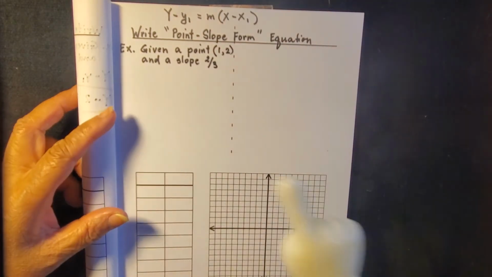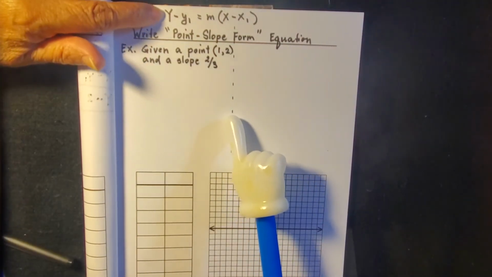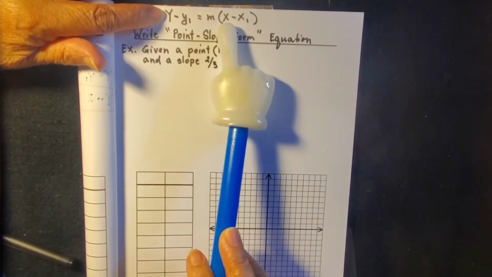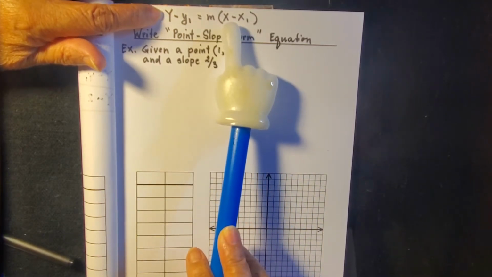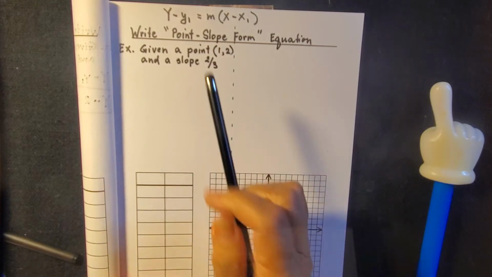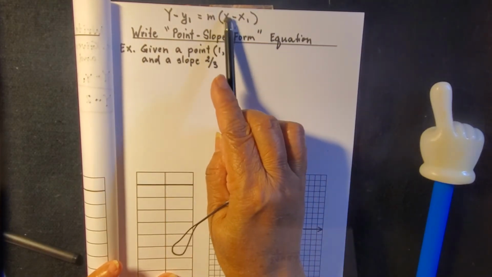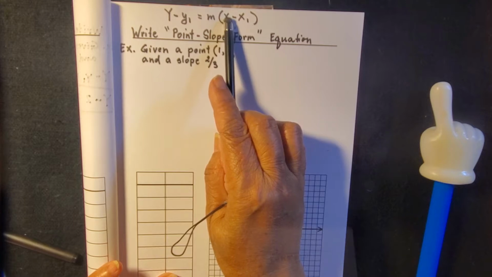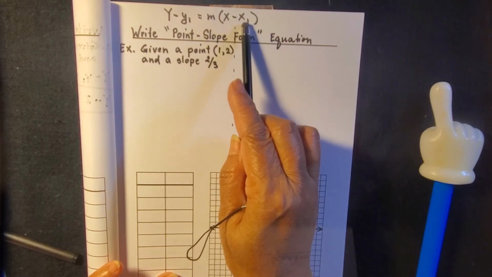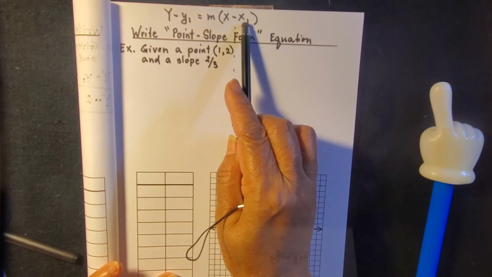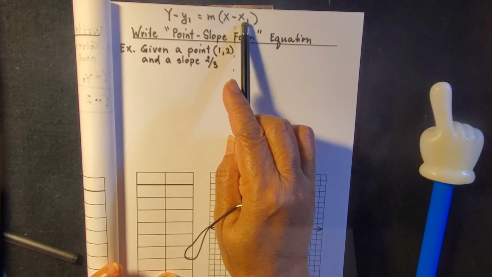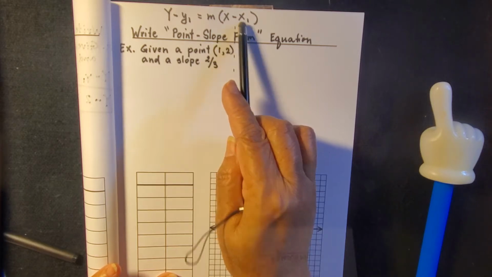On this formula, you need to know that y and x are variables. This x sub 1 is the x coordinate of a point.